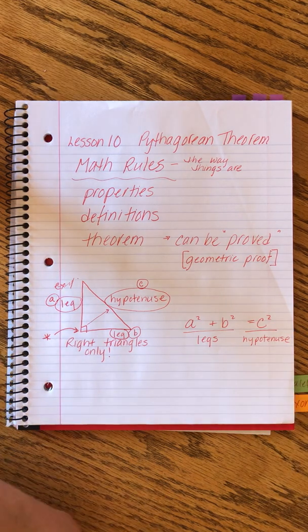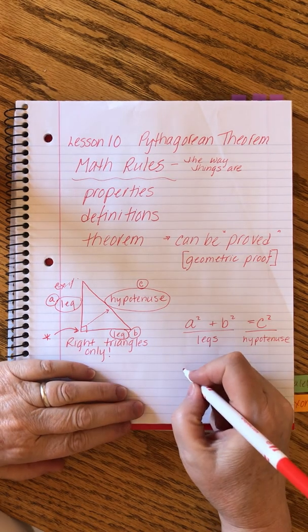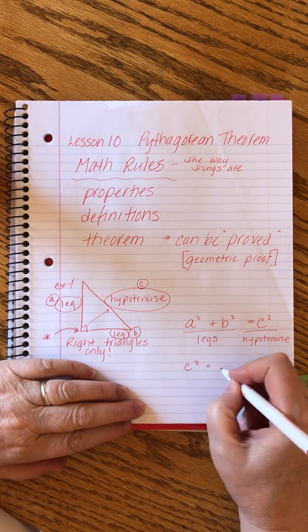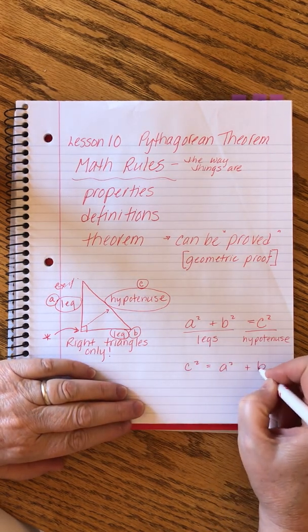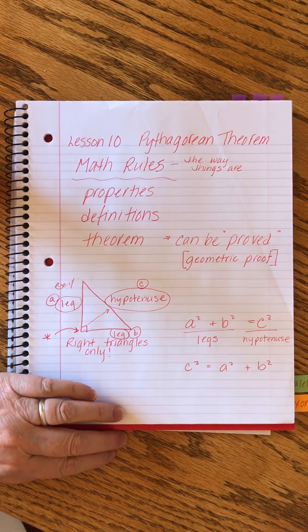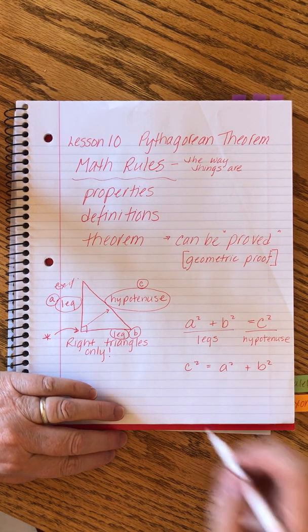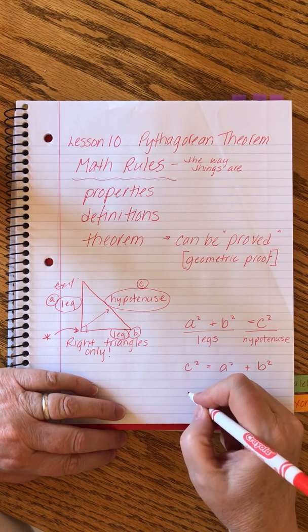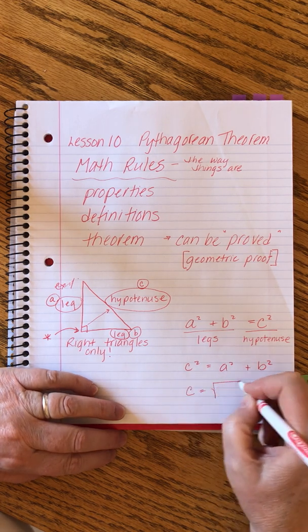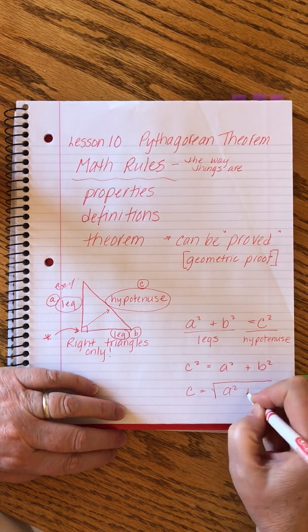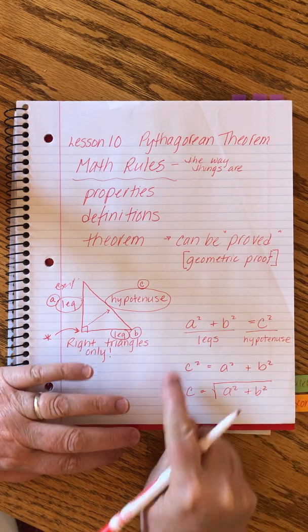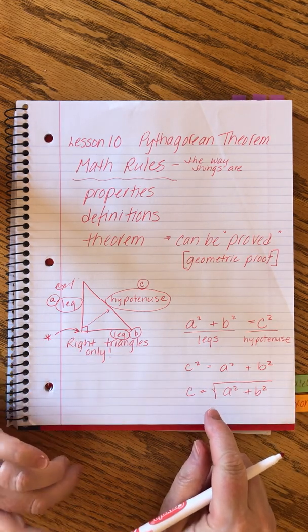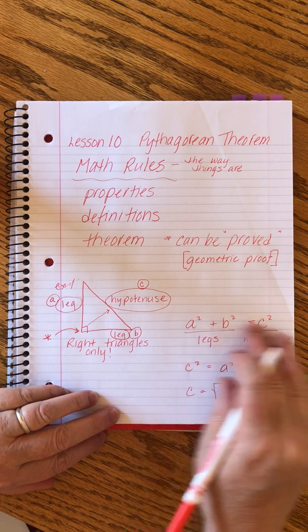Oh, it's so easy, it's so fun. Very often, for purposes of our algebra, we'll rearrange it and we'll write it like this. And you'll even see that often we want to solve for c, so we'll say c equals the square root of a squared plus b squared, okay? These are all just algebraic variations on this original one.